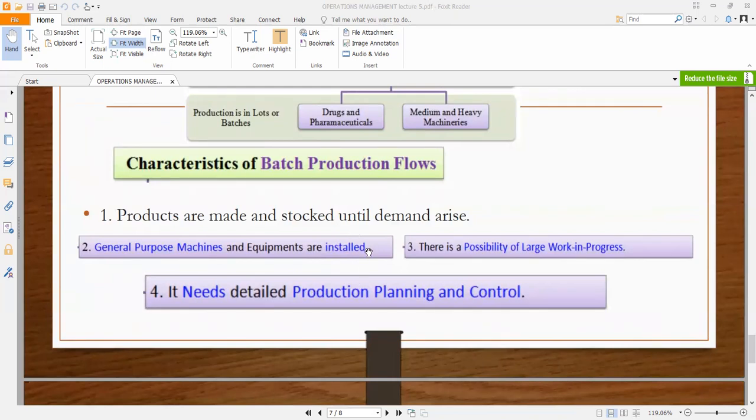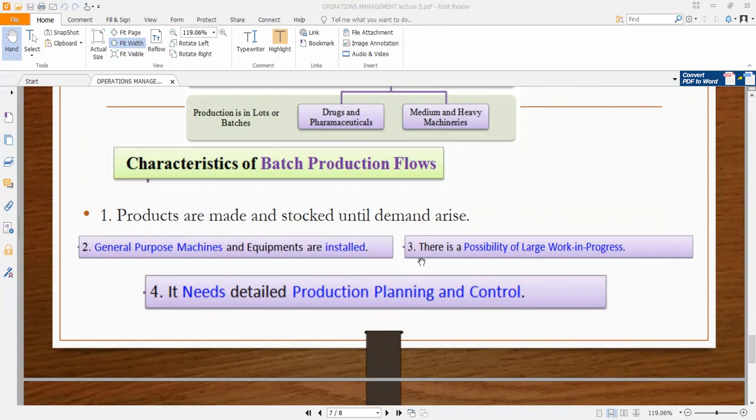If this time you need a small cut, they will produce small. If you need big, they will produce big. So general purpose machines can cut across production sizes.